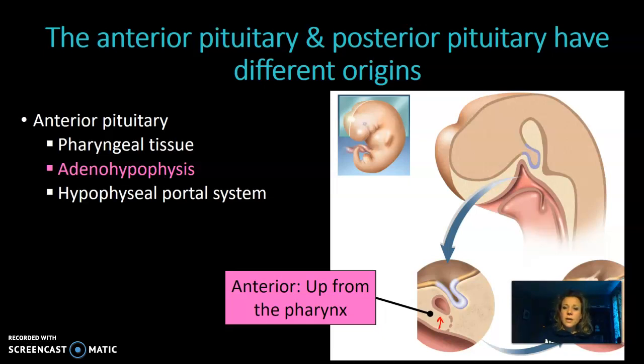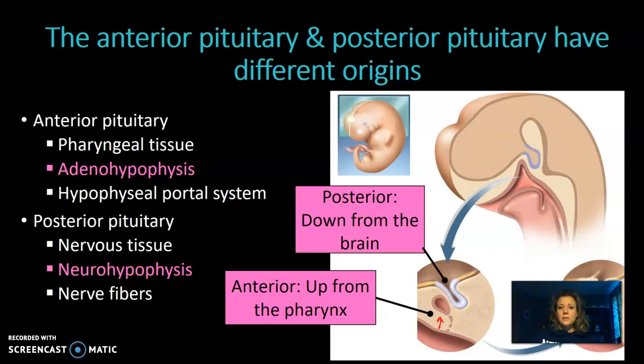It's connected to the hypothalamus via the hypophyseal portal system, which basically means that we've got two capillary beds, one in the hypothalamus and one in the anterior pituitary gland, that are connected to each other through portal veins. The neural hypophysis is derived from actual brain tissue, so that's going to be a down pocketing of nervous tissue.